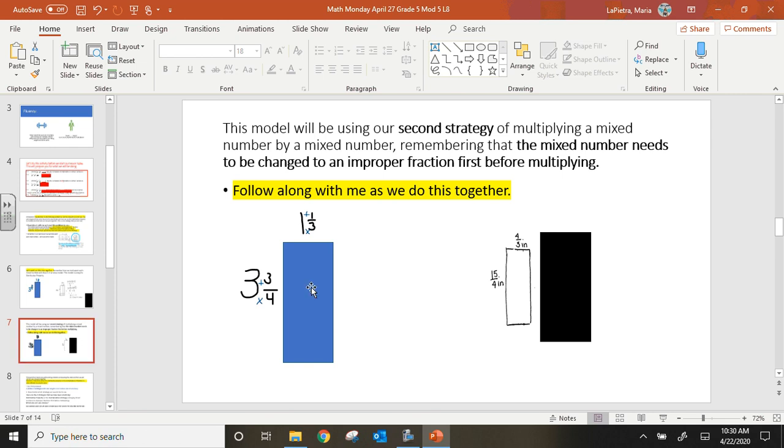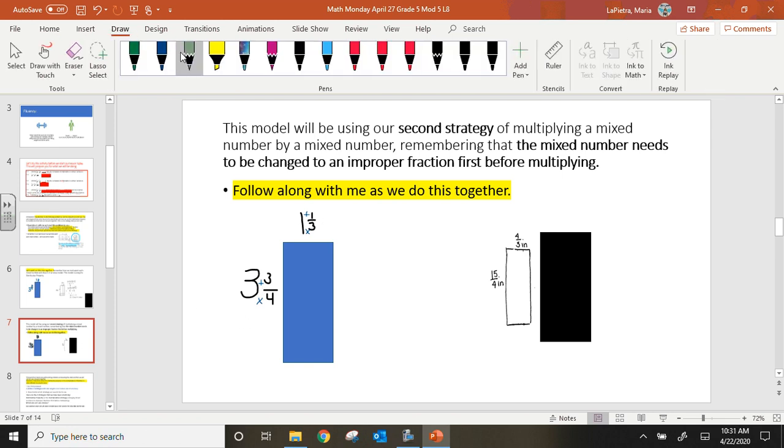So, if you notice, I have my multiplication symbol here and my addition symbol there on both of these, because don't forget, that's what's going to help us to remember how to change our mixed numbers to improper fractions. Okay?